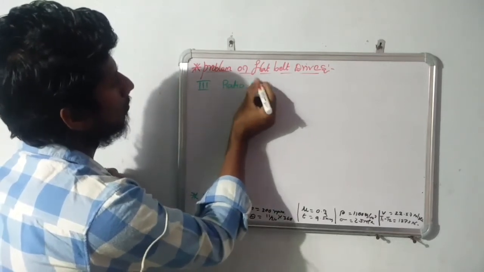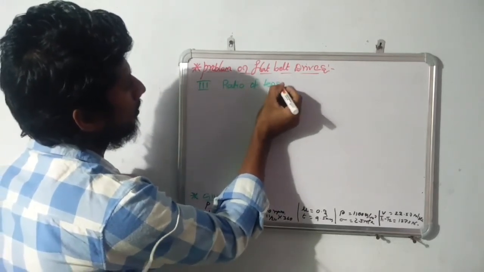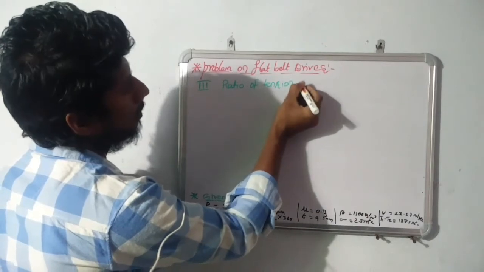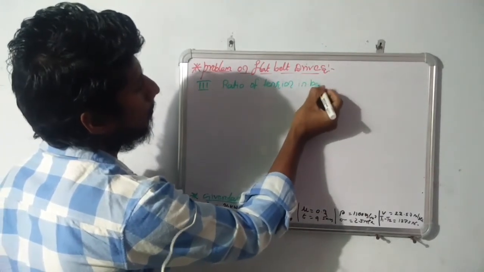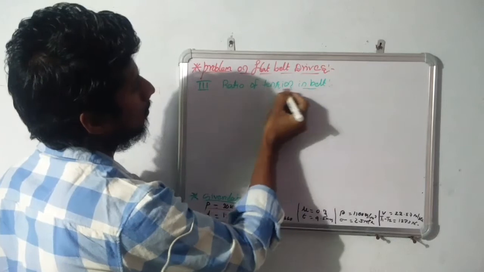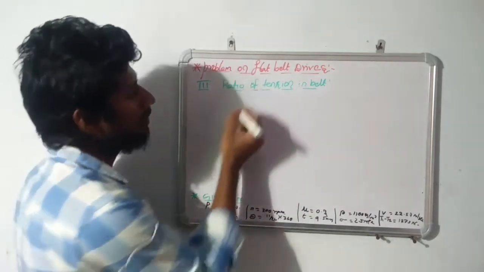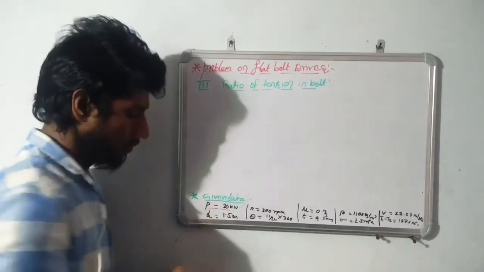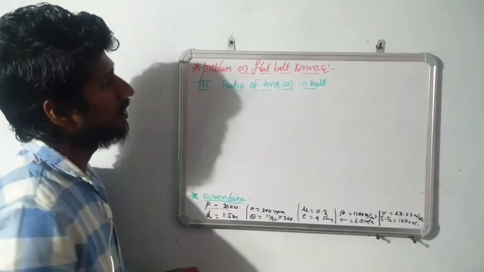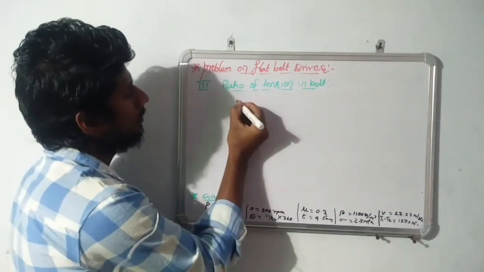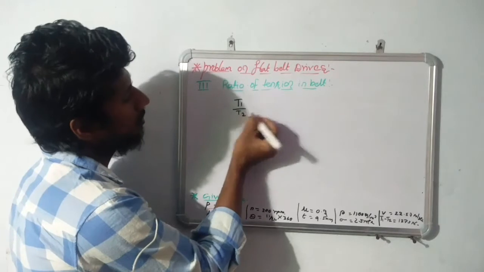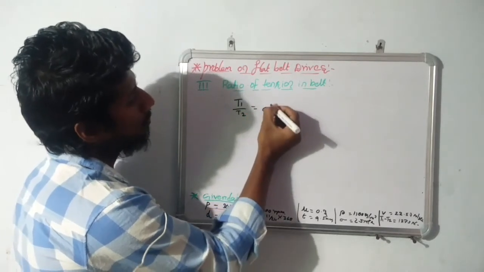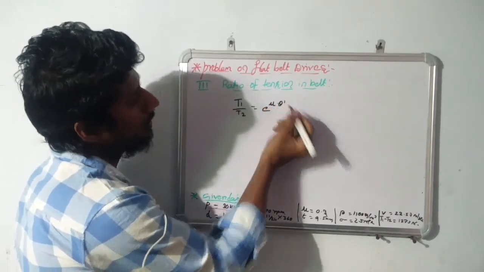Ratio of tension in belt. So that is equal to the ratio of tension in the belt. What we know, T1 by T2, that is equal to e power mu into theta.